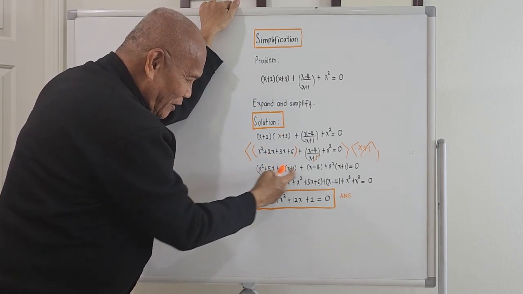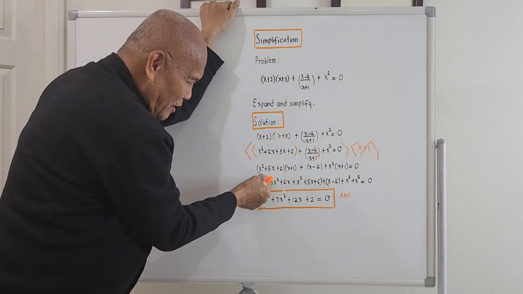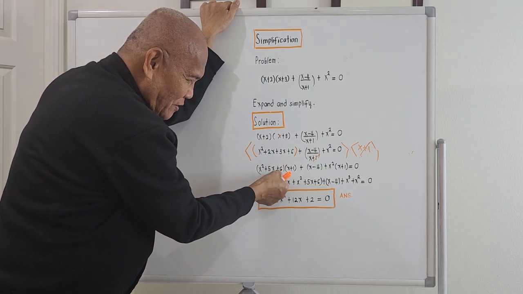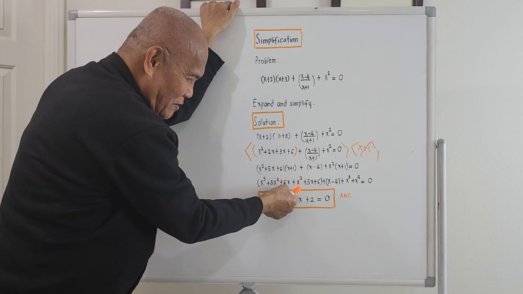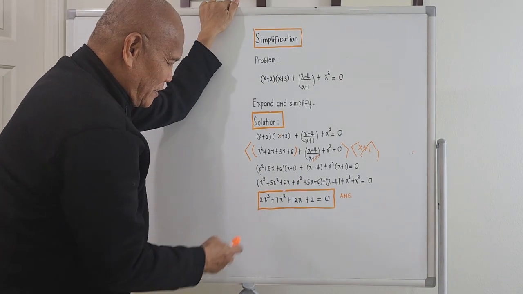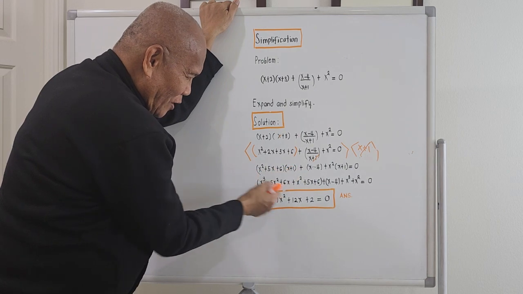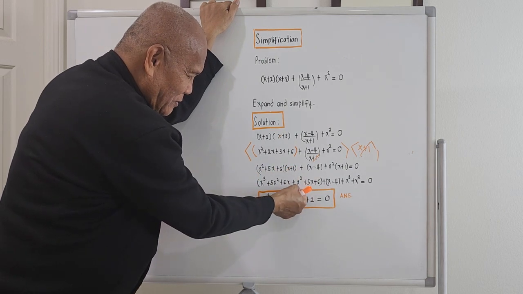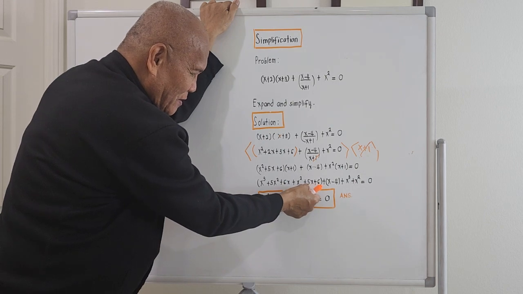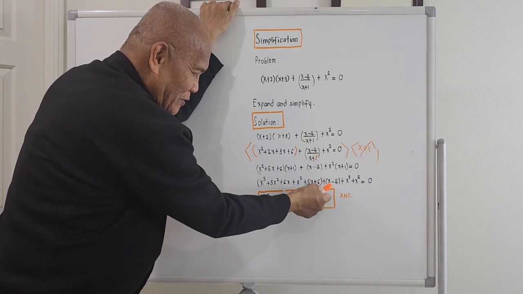So x squared times x will be x cubed, 5x times x will be 5x squared, and 6 times x will be 6x. The next one: 1 times x squared will be x squared, 5x times 1 will still be 5x, and 6 times 1 will be 6.